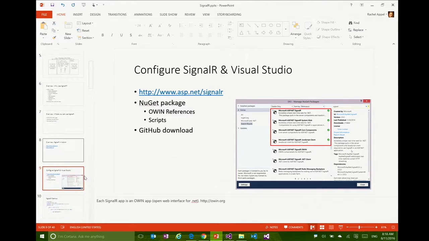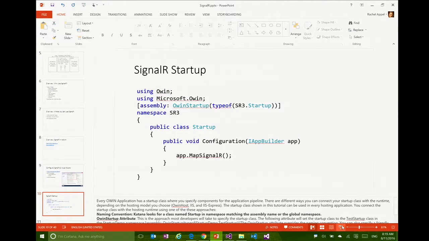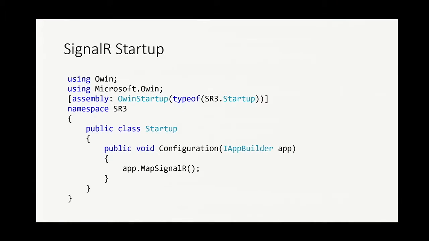So once we have it up and configured, we need to start it up. Now this will change a bit as we move into .NET Core, where we actually still have this Startup class. We still have a Configuration method. We may see this in here, but there's also ConfigureServices and a few other methods.